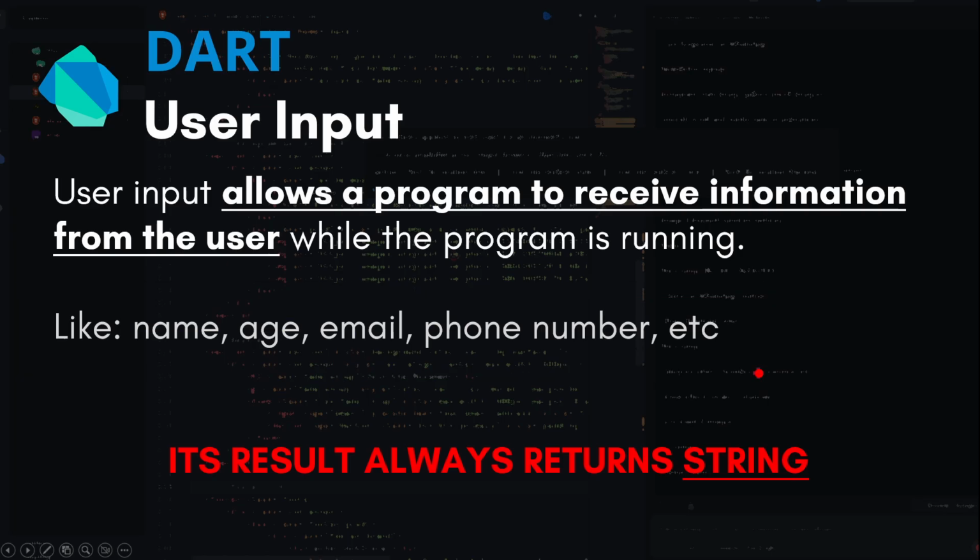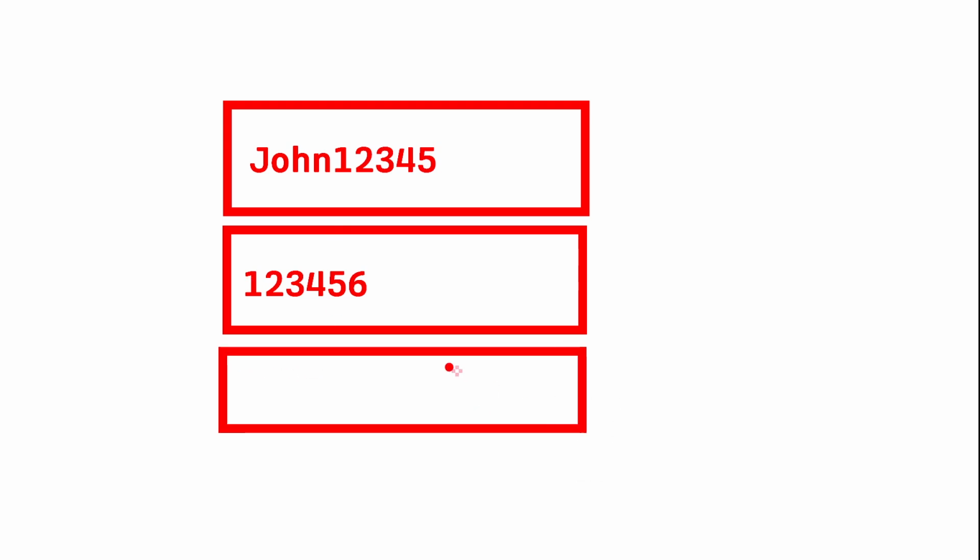And anytime you type something into the field, let's say you type your username, John12345, and your password, and one more thing you typed in was your age, because they wanted to know what age you are, and let's say your age is 55, right?